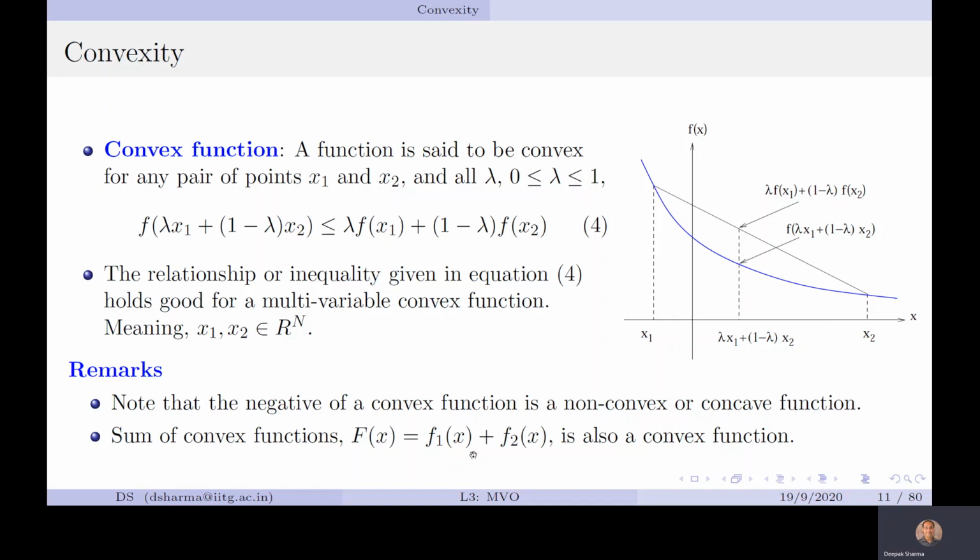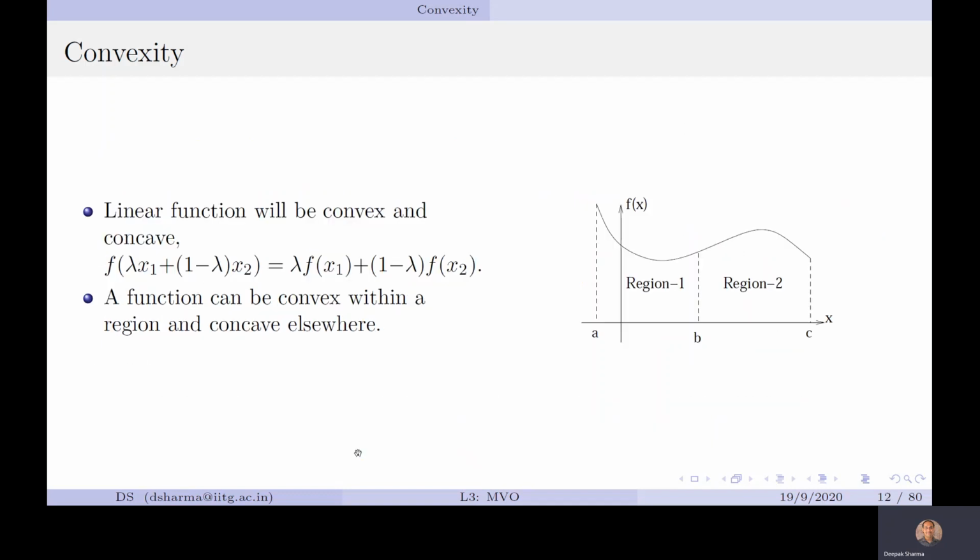Similarly, if I have two convex functions f1 and f2 and you add them, the function capital F will remain convex. Now come to the linear function. You remember that in the last slide, the left hand side was smaller than or equal to the right hand side. But for the linear function, it is equality. Why? Because the linear function is both convex and concave.